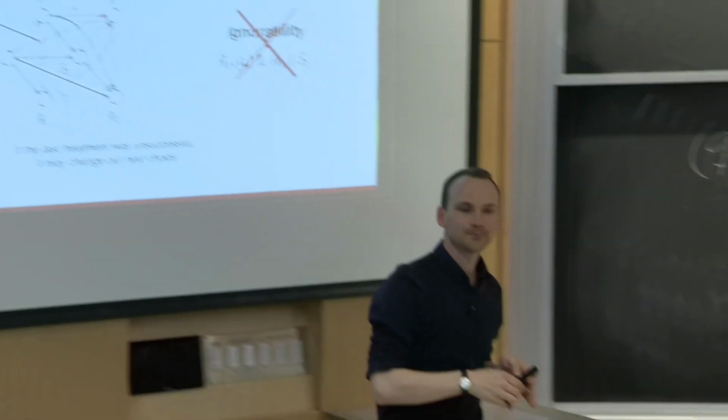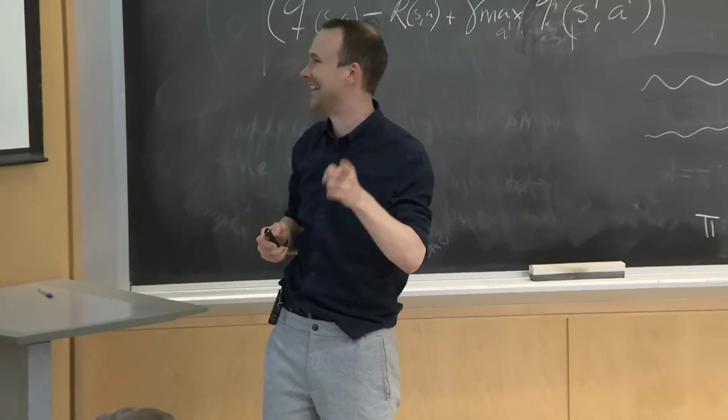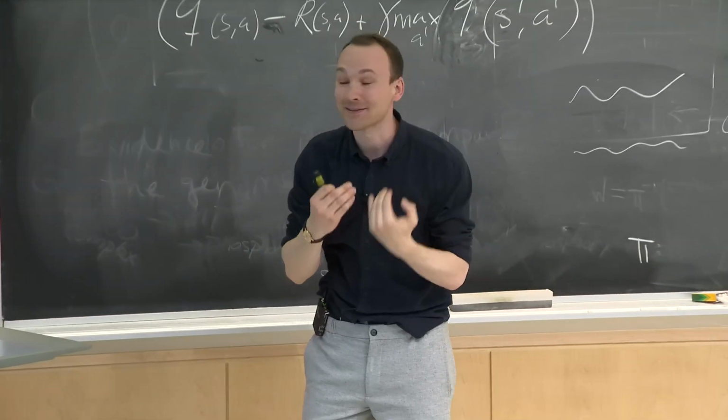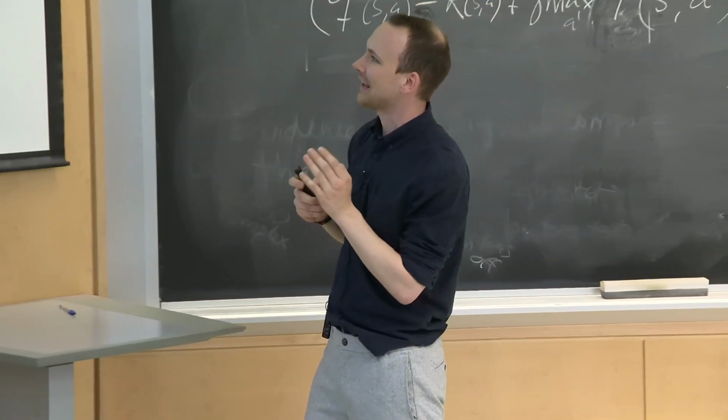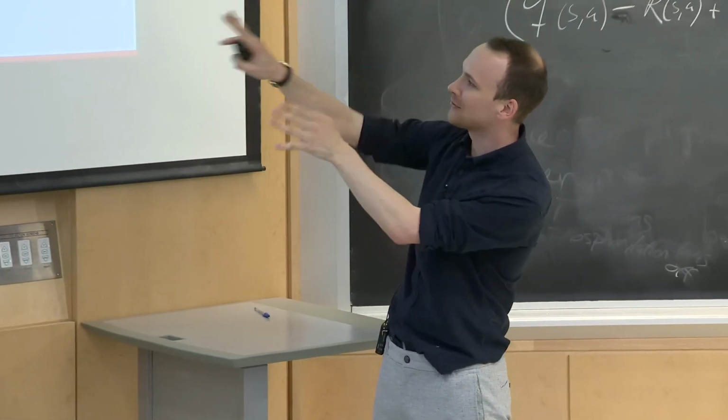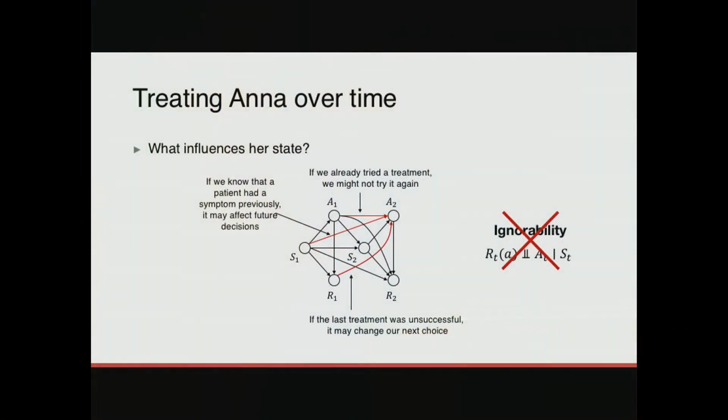Yep, go ahead. But you can always put everything in the state. Exactly, exactly. So this depends on what you put in the state. So this is an example where I introduce these arrows to show that if I haven't got that information here, then I introduce this dependence. Okay?